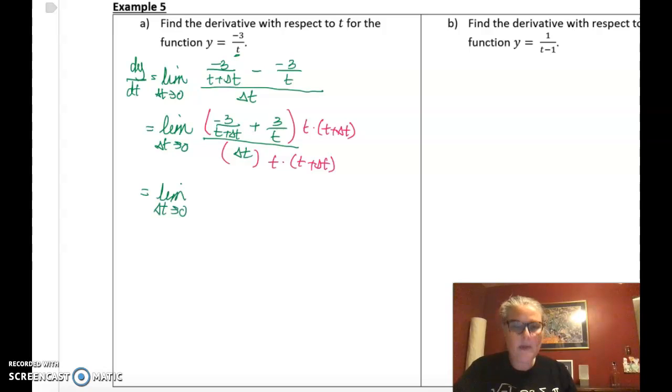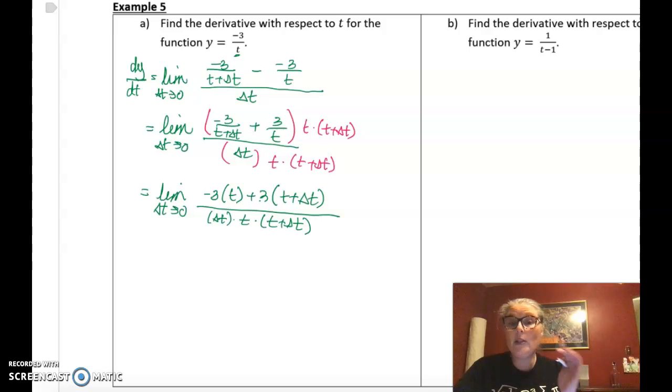In the numerator, I'm distributing t times t plus delta t. The first term is going to give me negative 3 times just the t, plus 3 times t plus delta t, because the t's cancel out. And in the denominator, I have the delta t that's already there times t times t plus delta t. Don't worry, this all simplifies in a little bit.